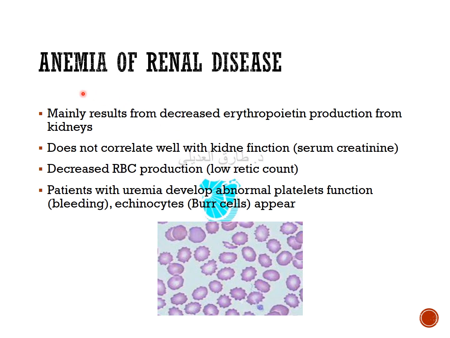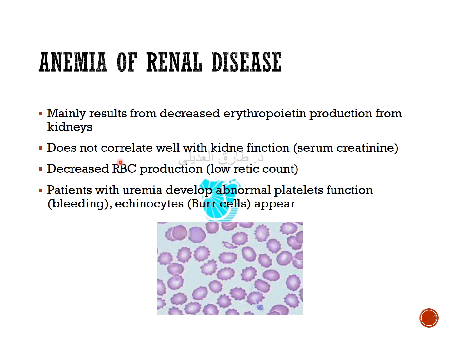Next, we have anemia of renal disease. As we mentioned earlier, the kidneys are the major site for synthesis and production of erythropoietin. So in kidney diseases in general, there is a deficiency in the function of the kidney, and thus erythropoietin is not produced in a normal way and not in enough amount.